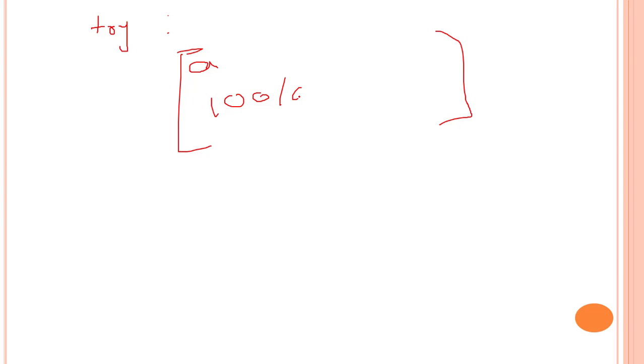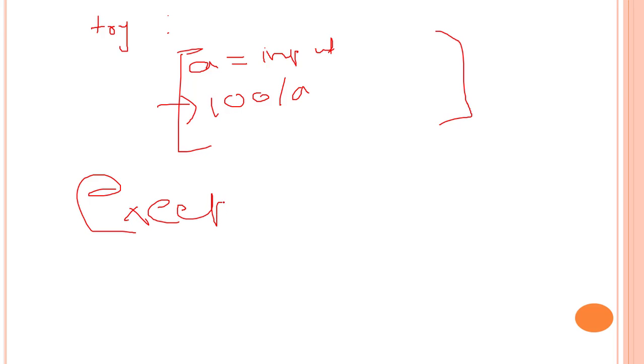Let's look into an example. Let's say try. In the try block, you are taking an input from the user in A and dividing 100 by A. Now if the user gives 0 as input, it will go to except. Sorry, my writing is quite tedious here.